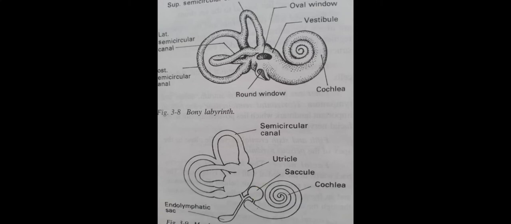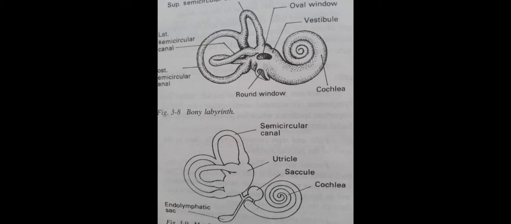Bony labyrinth is a capsule, a series of bony cavities connected with each other, and it contains fluid that is called perilymph. And the membranous labyrinth lies suspended in the perilymph of bony labyrinth, it consists of sacs and tubes connected with each other and contains another type of fluid that is called endolymph.